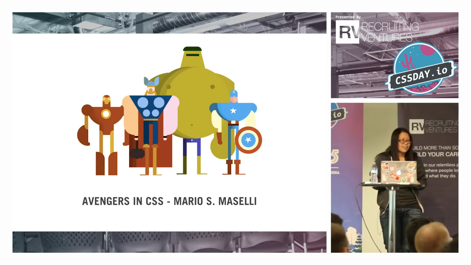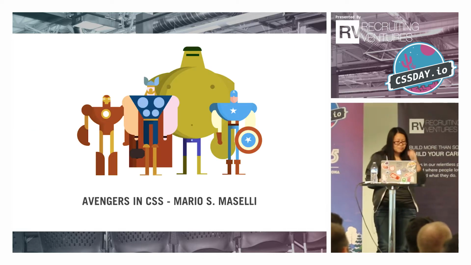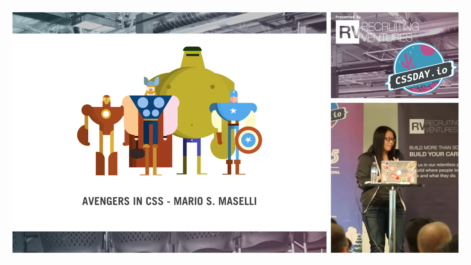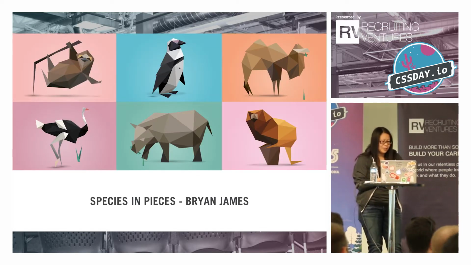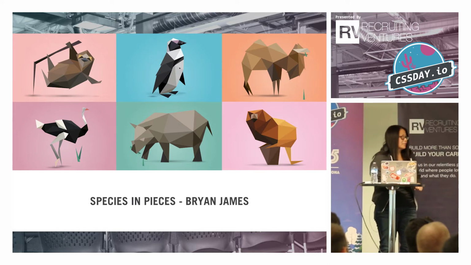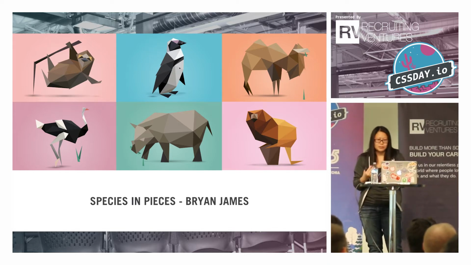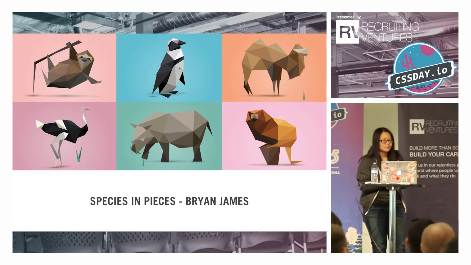The Avengers in CSS by Mario Maselli. And like The Simpsons, the Avengers are recognizable characters, but this one has a pretty unique style. It's kind of a minimalistic approach. I'm sure you've seen this one, Species in Pieces by Brian James. Basically, he was creating animal forms through geometric shapes and kind of planar analysis.